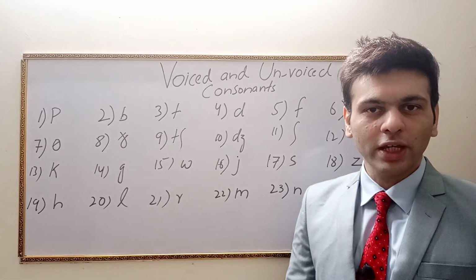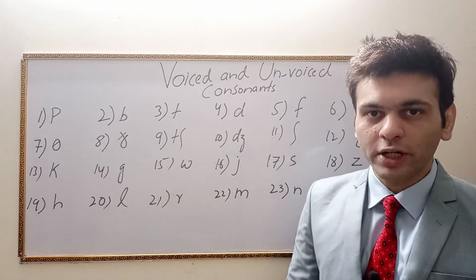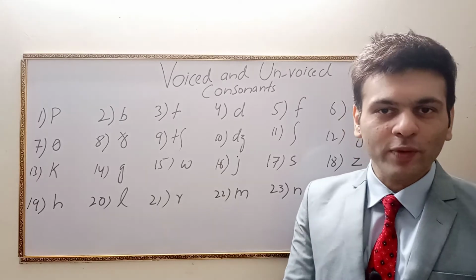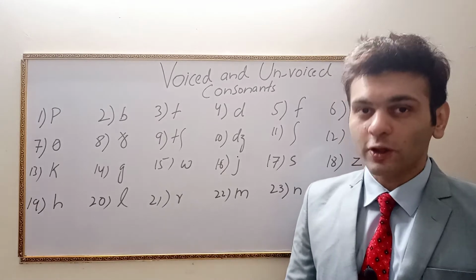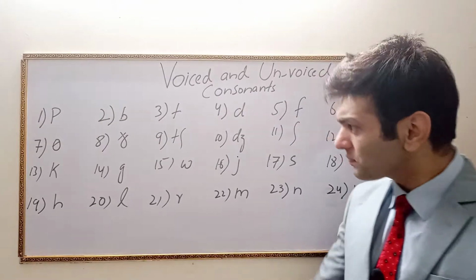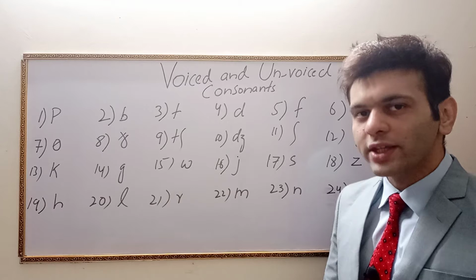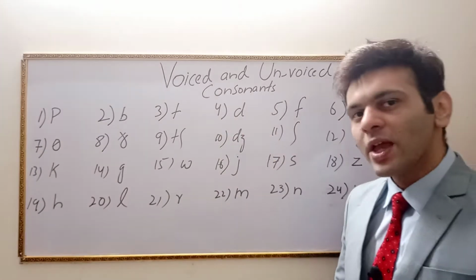When I refer to the place, it means where a particular sound is produced, which represents the notion of place of articulation. Here, I am going to explain the very first feature with regard to the consonant sounds.